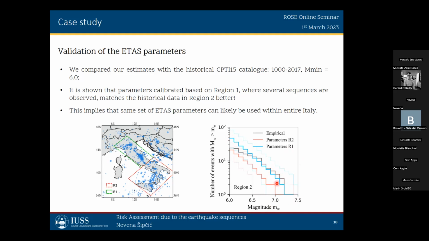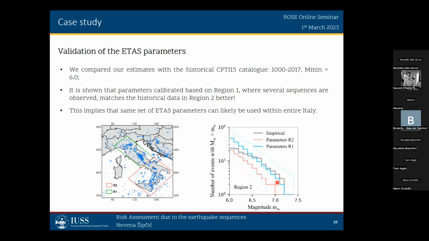And this basically implies that the same set of ETAS parameters can likely be used in entire Italy. So if we believe that we observed many sequences in central Italy and we trust our parameters calibrated based on this region, then we can use this set of parameters in other regions also.